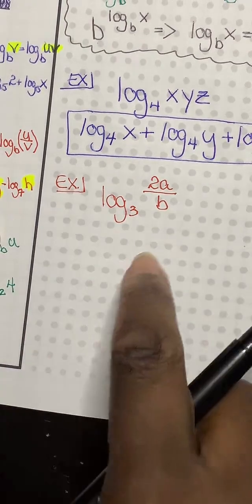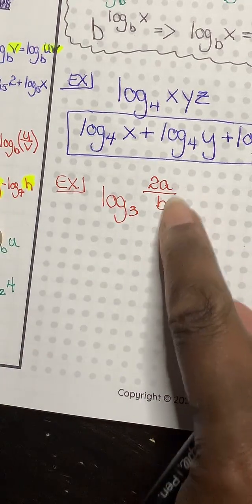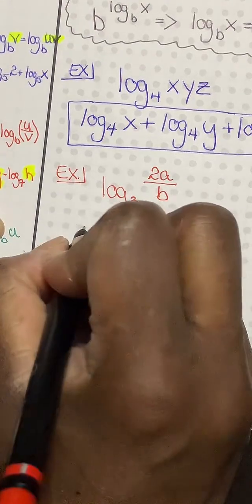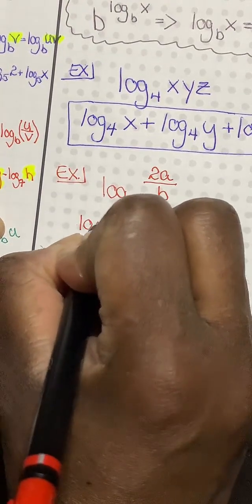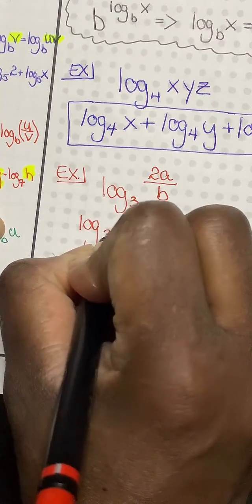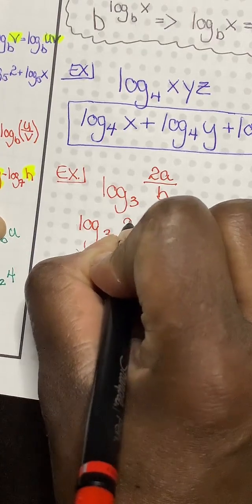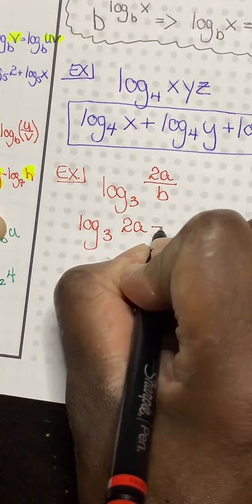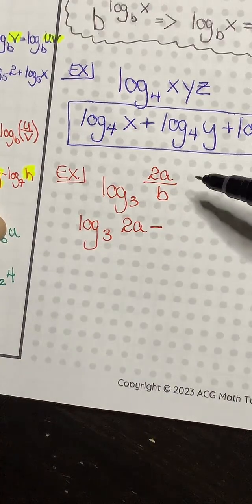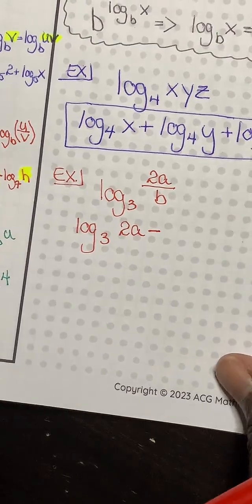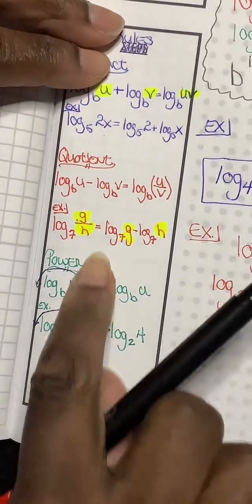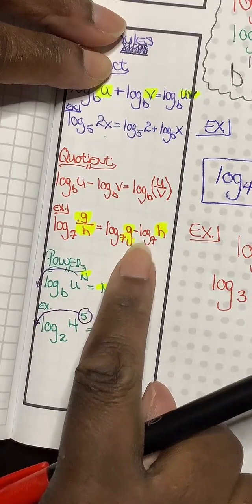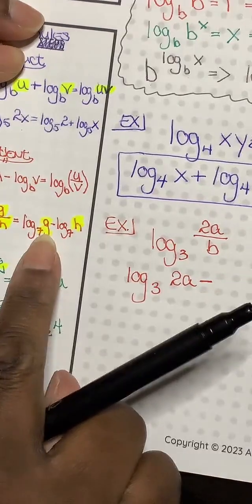So the first step, let's give the numerator and the denominator their own log. So we have log base 3 of 2a, minus, and the reason why it's minus is because when I'm dividing, remember that quotient rule right here, I'm actually subtracting those logs.